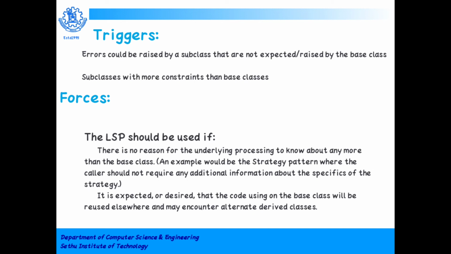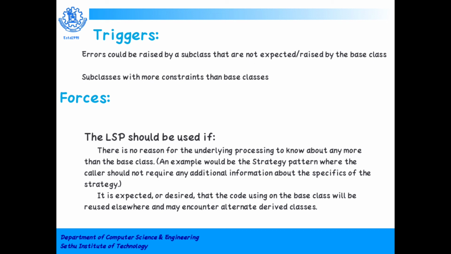Errors could be raised by subclasses that are not expected to be raised by the base class. Subclasses with more constraints than base classes. Forces. The LSP should be used if there is no reason for the underlying process to know about any more than the base classes.